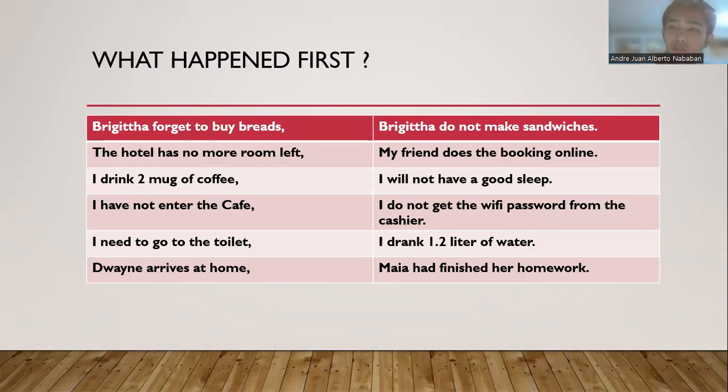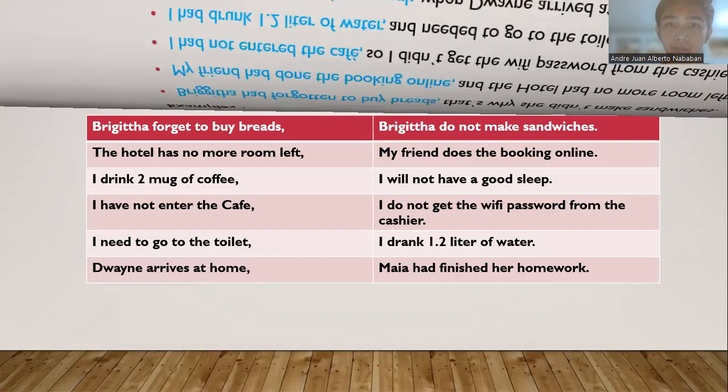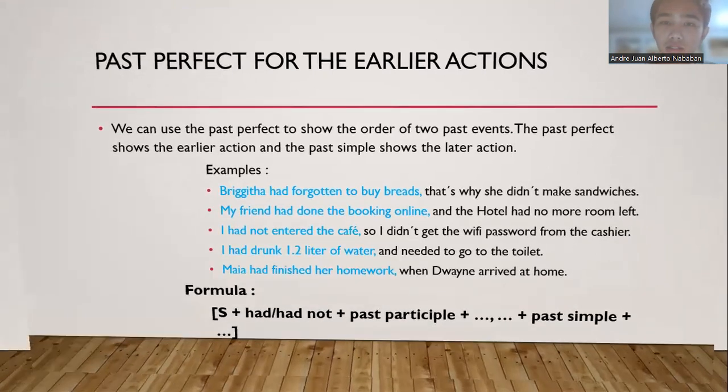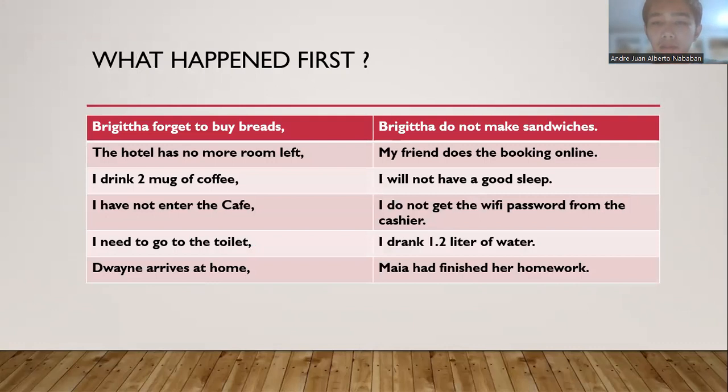So, what we are going to learn here is the past perfect for the earlier actions. If you have already thought about which sentence from this slide happened first, you will find it easy to make the past perfect tense for that sentence.